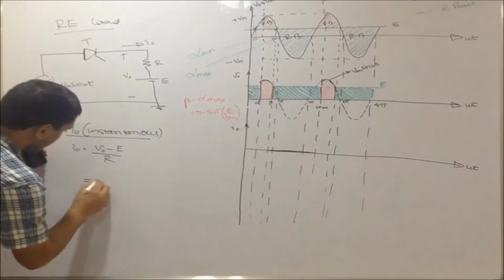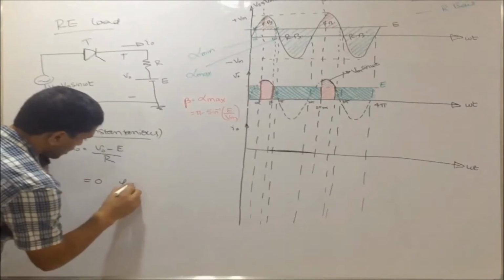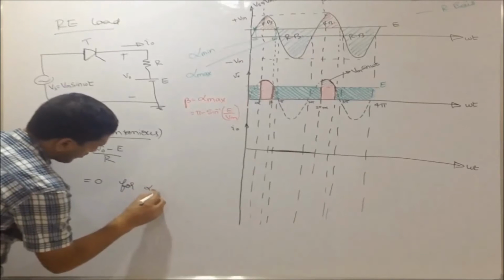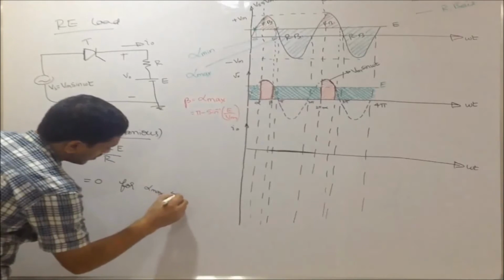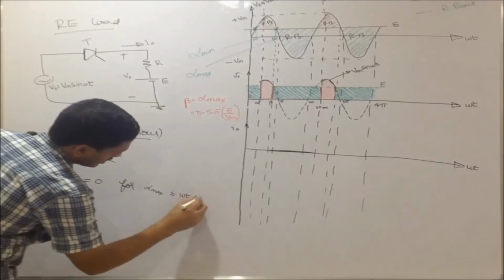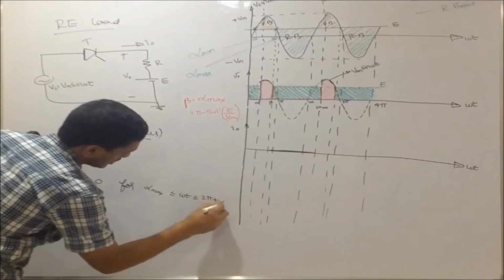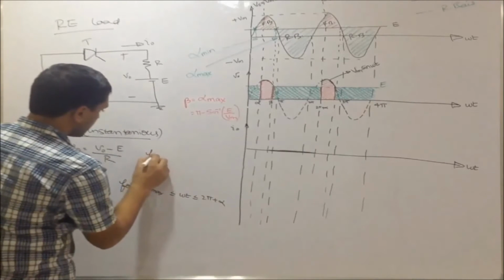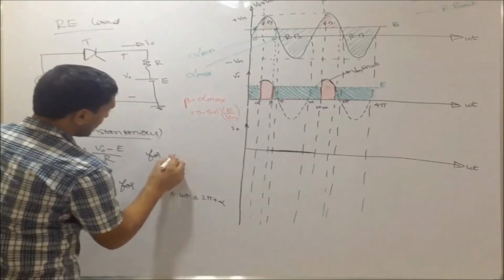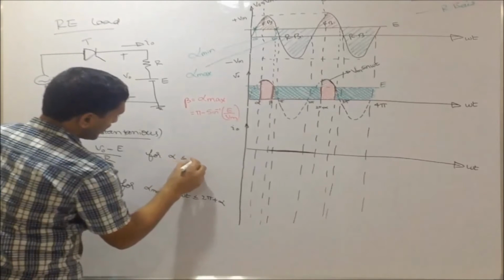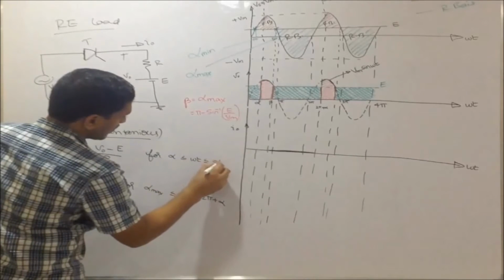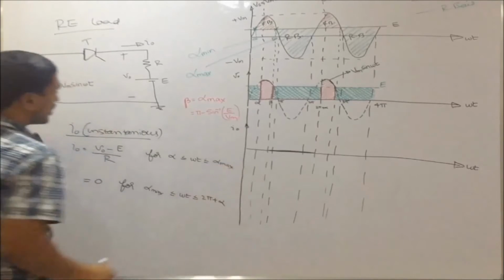It is 0 for alpha max less than or equal to omega t less than or equal to 2 pi plus alpha. And this flows only for alpha less than or equal to omega t less than or equal to alpha max.